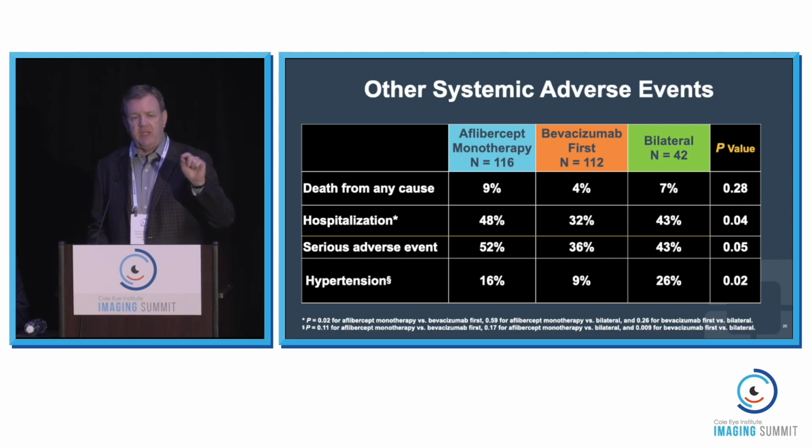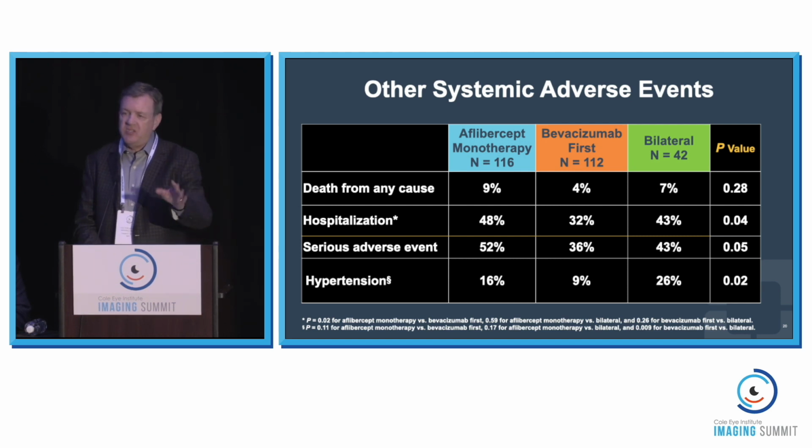And here you have it here. Again, this time it's against aflibercept. You see a statistically significant increased rate of hospitalization, serious adverse events, and hypertension against aflibercept. That's not real, okay? My point is that this is just chance.